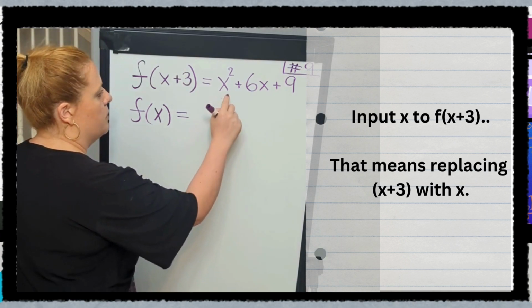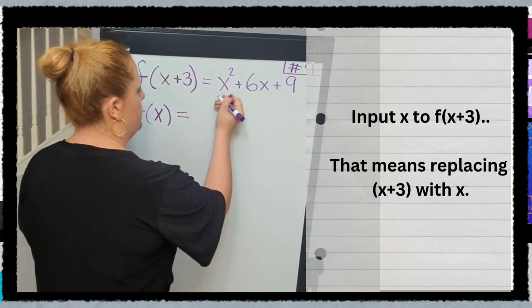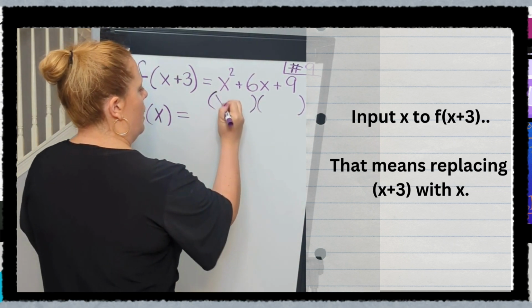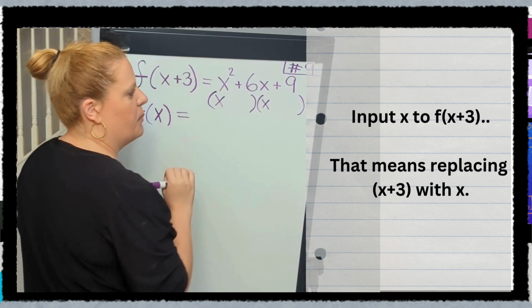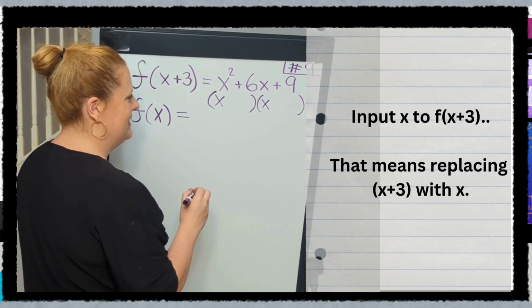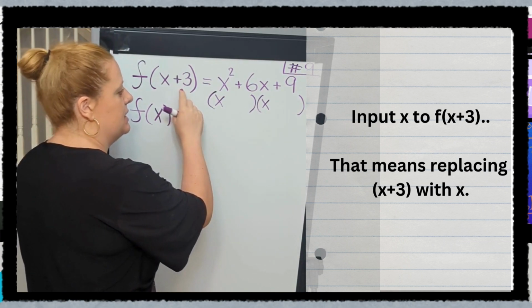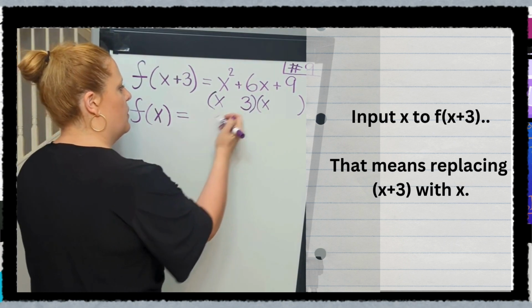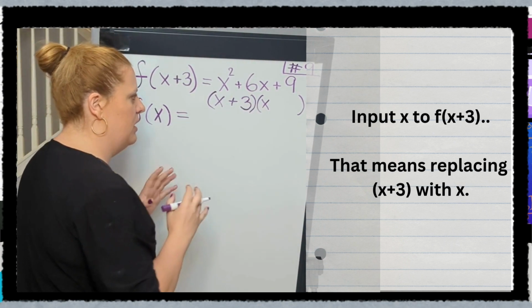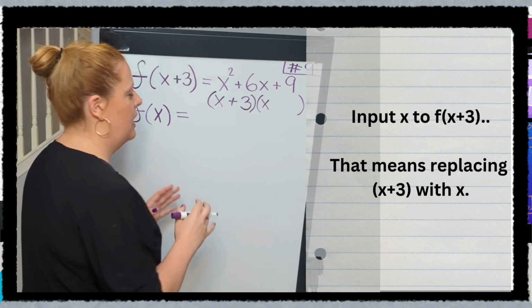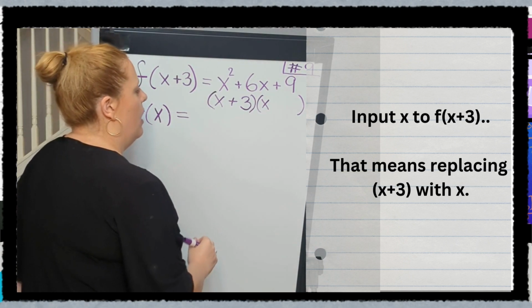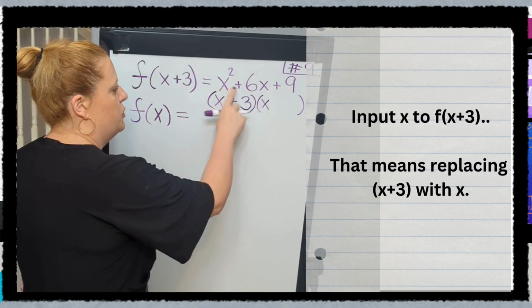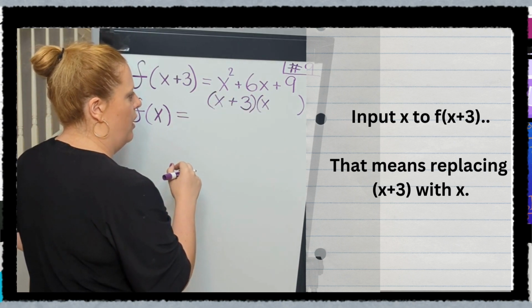Okay? So we are going to factor x squared plus 6x plus 9. I want to at least get one x plus 3 to come out of that. Okay? So I know one of these needs to be x plus 3. And if you recall, you have to do the whole first, outer, inner, last to figure out where this came from.